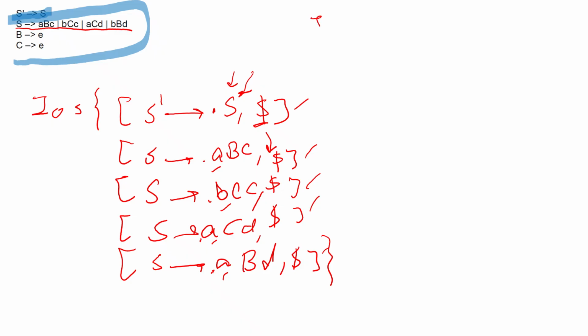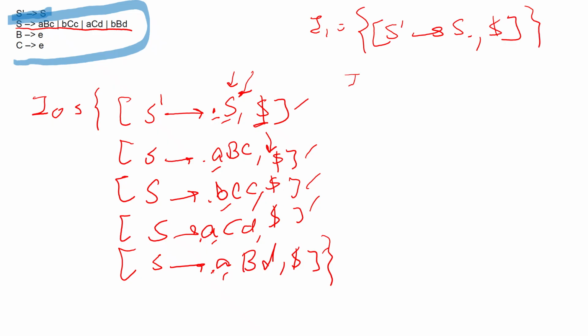The first one will be called I1. We shift the dot one step to the right, and we have S again. S appears only once in these rules, so we shift the dot one step to become S prime, S dot $. We copy as is, only shifting the dot, because the dot is in the end, so we close the set.